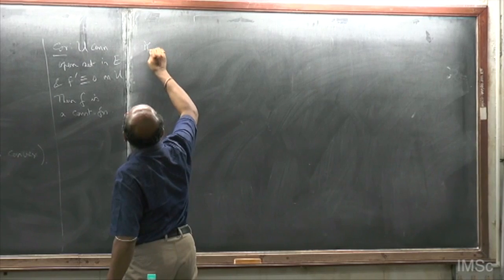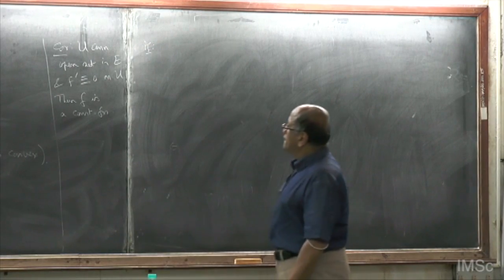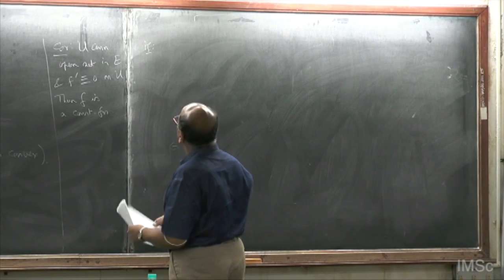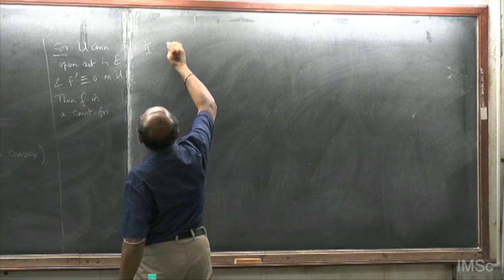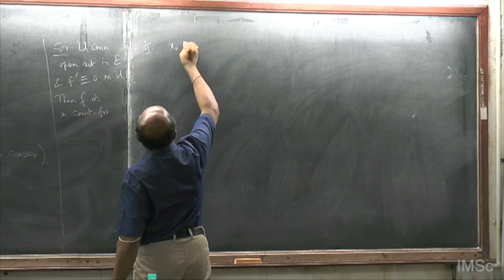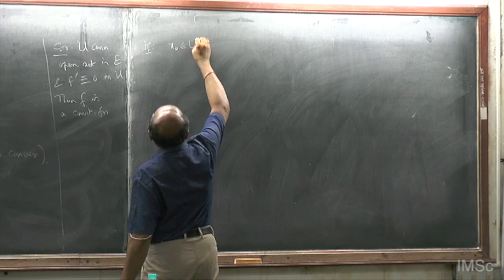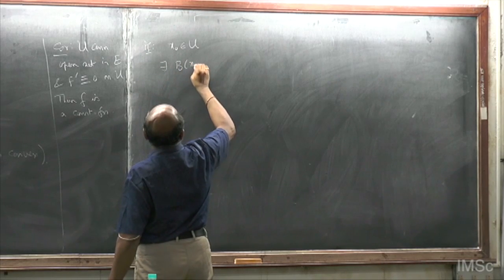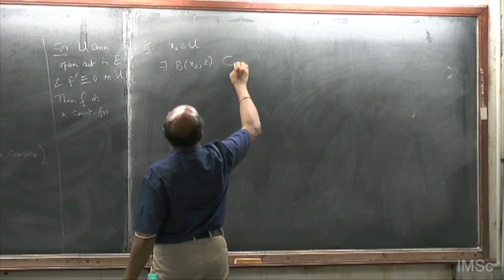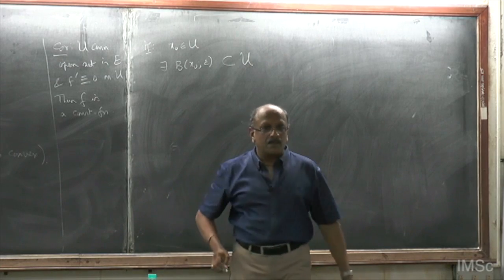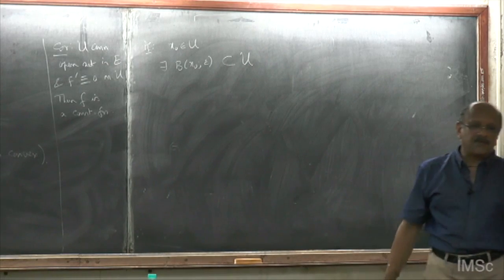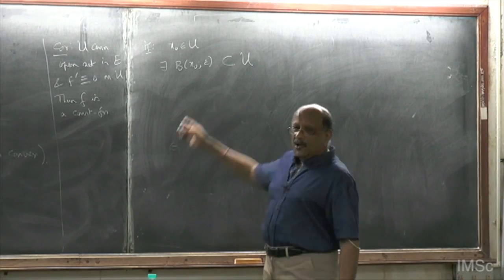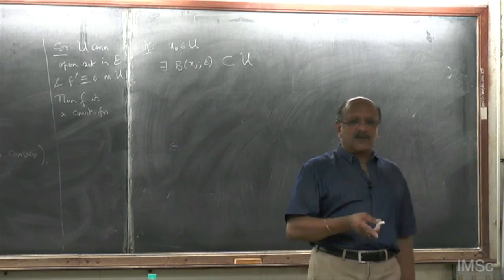Proof: you take any x naught in U. So there exists a ball with center x naught and radius epsilon which is contained in U. That is the definition of an open set. But a ball is an open set and it is also a convex set.